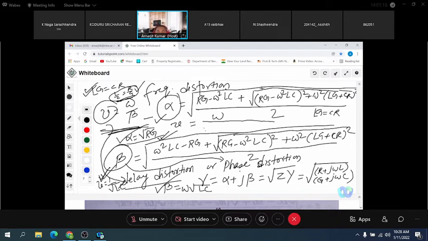So it will equalize. So the attenuation will be nearly uniform using the equalizer. So using the equalizer, you can minimize the frequency distortion.